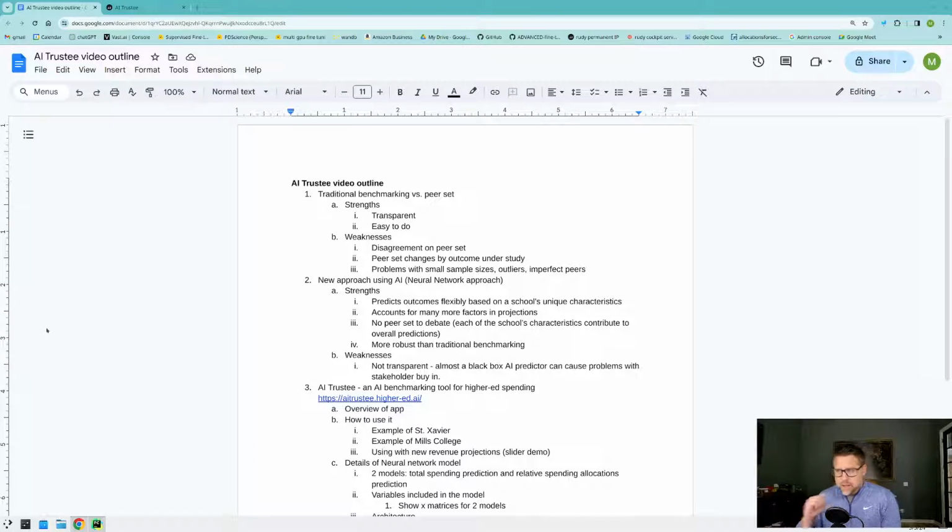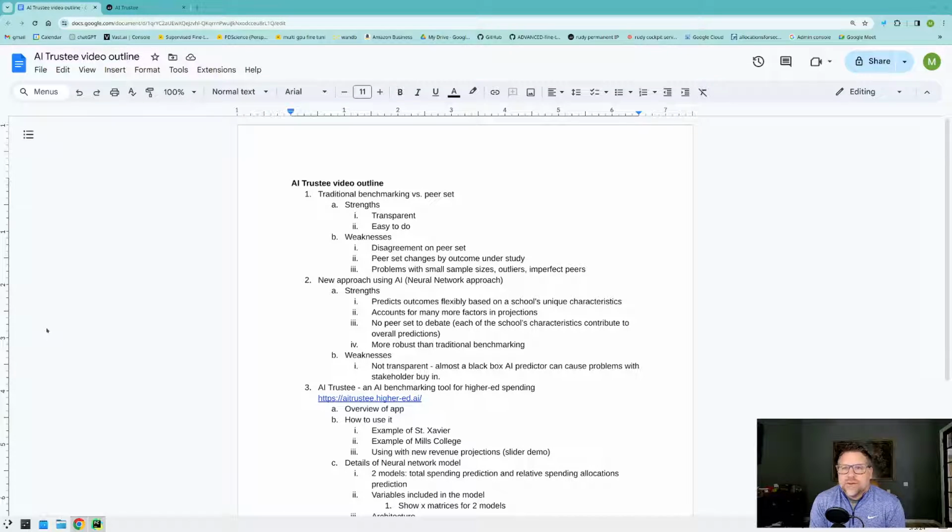So here's the outline. Last time I talked about what I call traditional benchmarking, where you select a peer set and compare your institution to the peer set on any metric that you're interested in. There are several reasons why that's the traditional, most popular approach, I suppose. Two reasons, really.